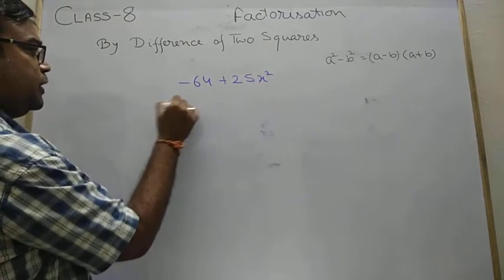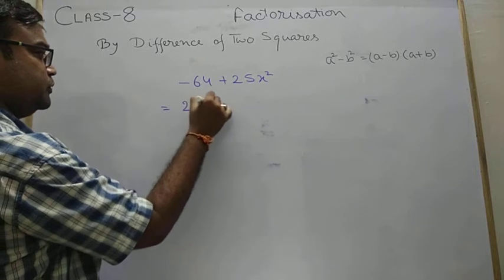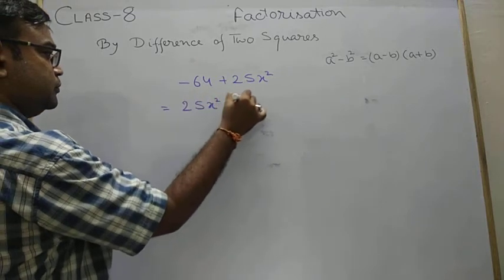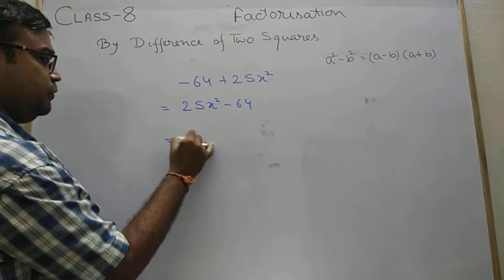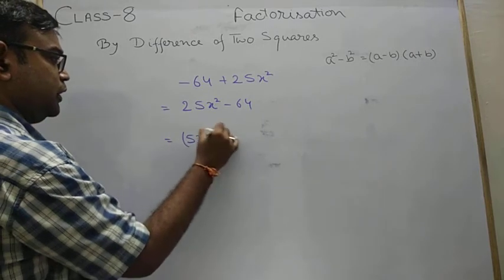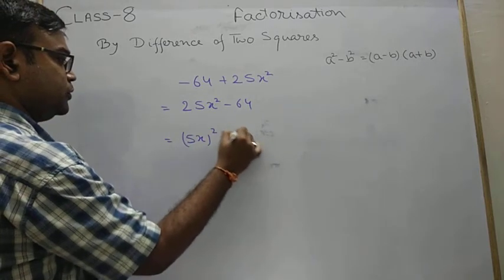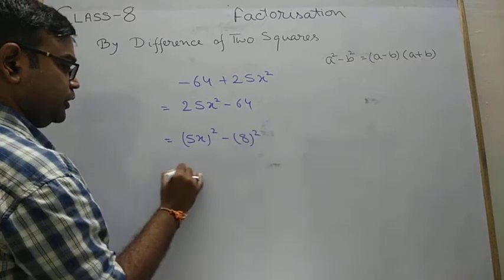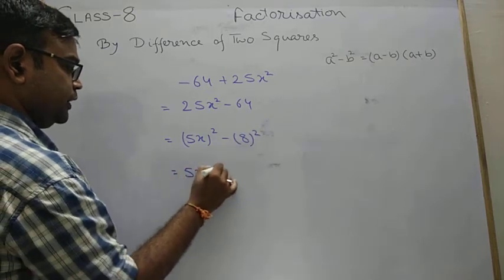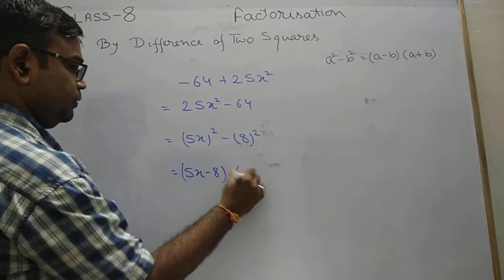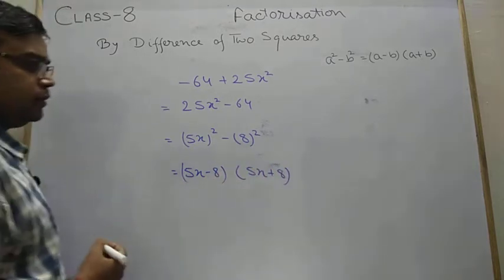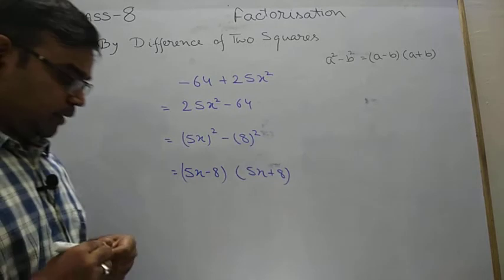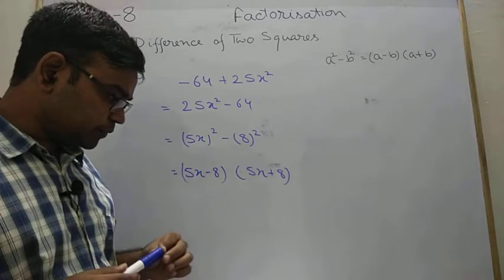Need not get confused, just arrange them. Write the plus term first. Now we can proceed as we are doing: 5x whole square minus 8 whole square. It's 5x minus 8 and 5x plus 8. Simple.